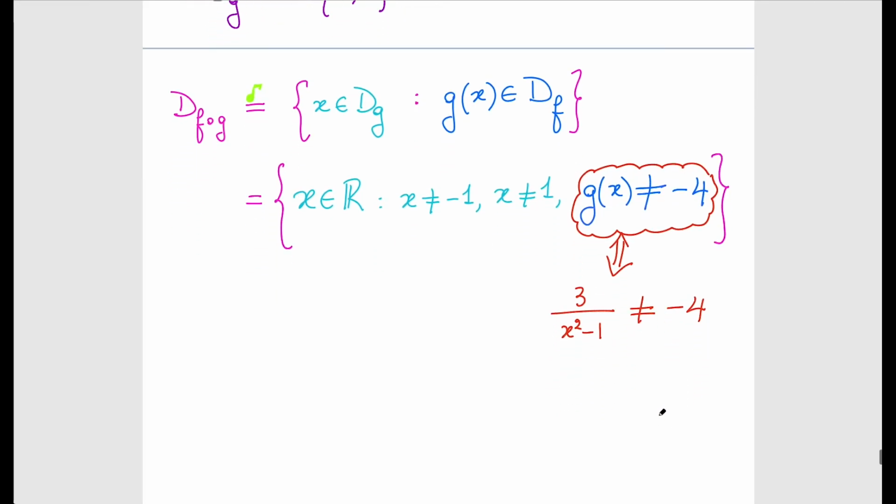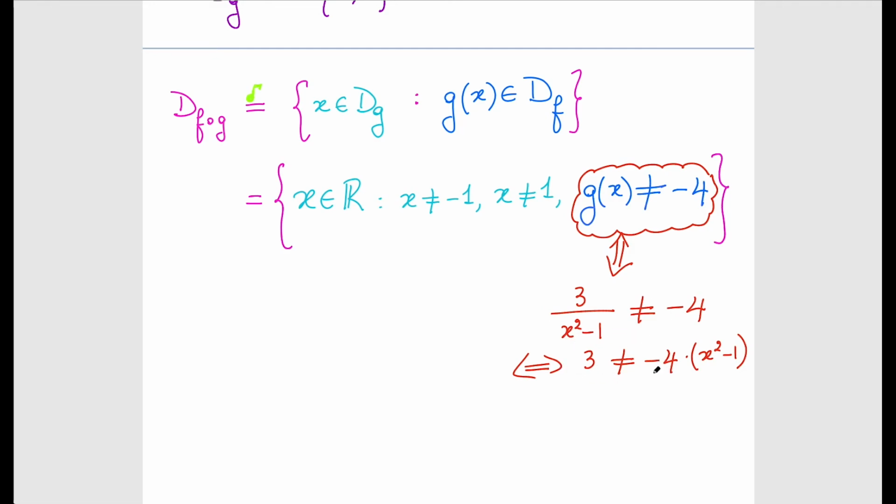So how would you solve this equation? You multiply through by x squared minus 1, so you get 3 is not equal to negative 4 times x squared minus 1. What did I do here? I multiplied both sides by x squared minus 1, right? Some people learn it as you cross multiply, same thing.